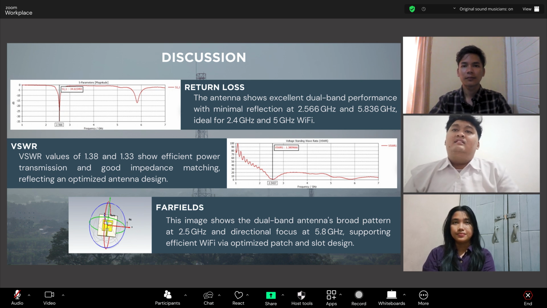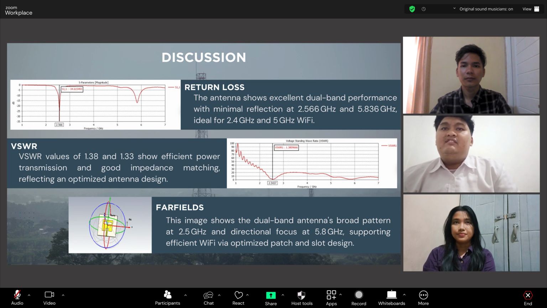Next, VSWR values are 1.38 at 2.5437 GHz and 1.33 at 5.8361 GHz.